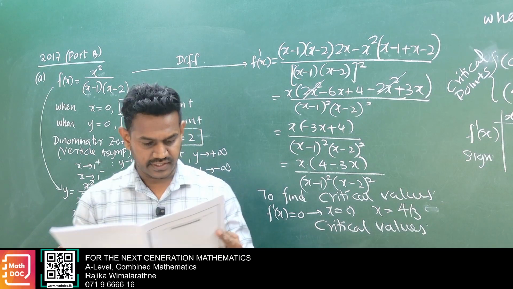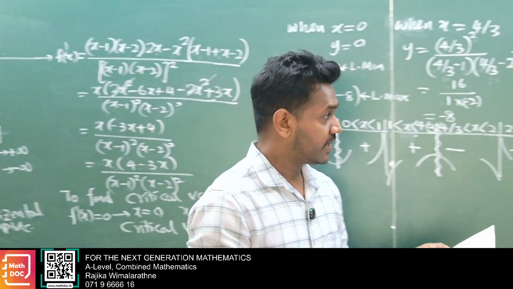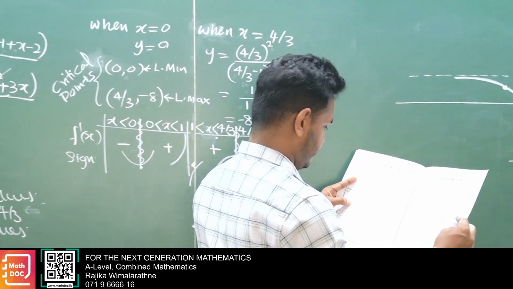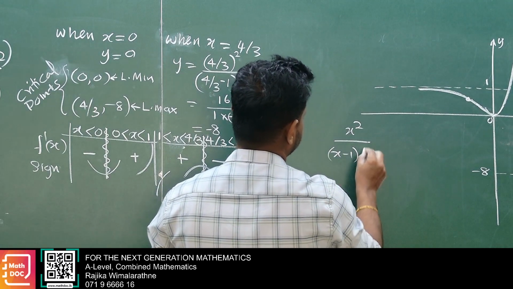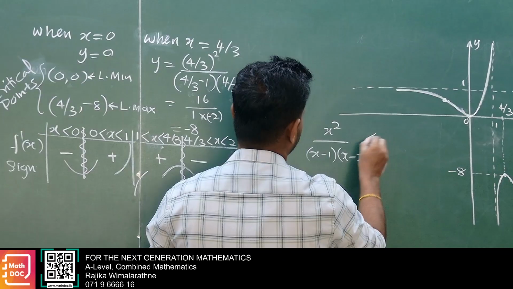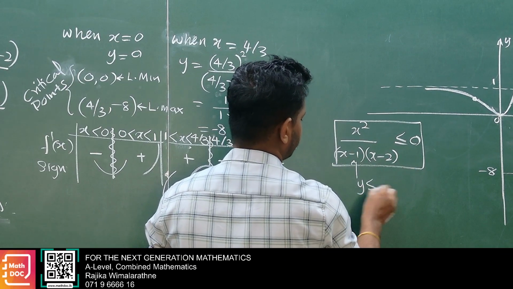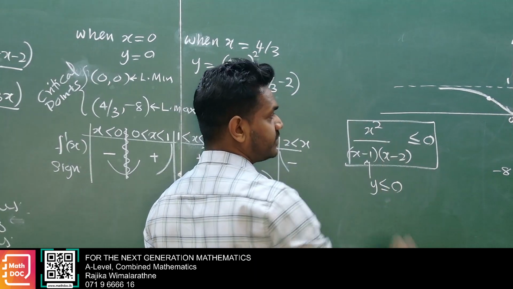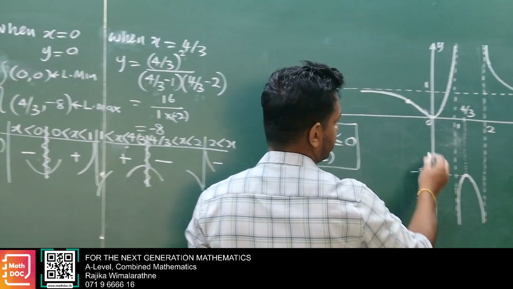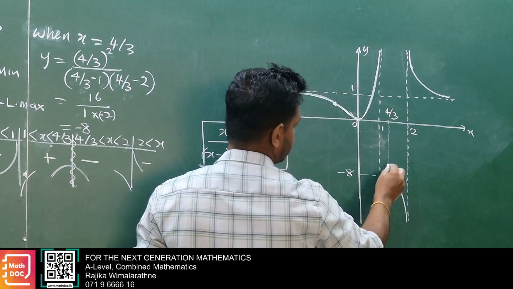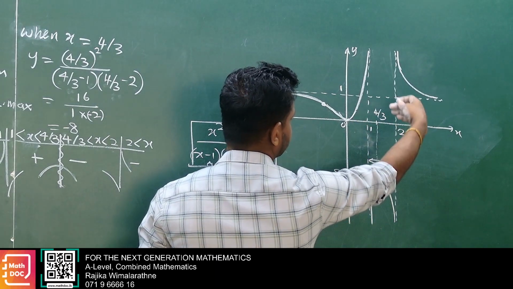So we have to solve the inequality. We have solved that inequality: the inequality given is x squared over (x minus 1)(x minus 2) less than or equal to 0. This means y less than or equal to 0. This is our function y. For this region, y is negative; in all the other cases y is positive.